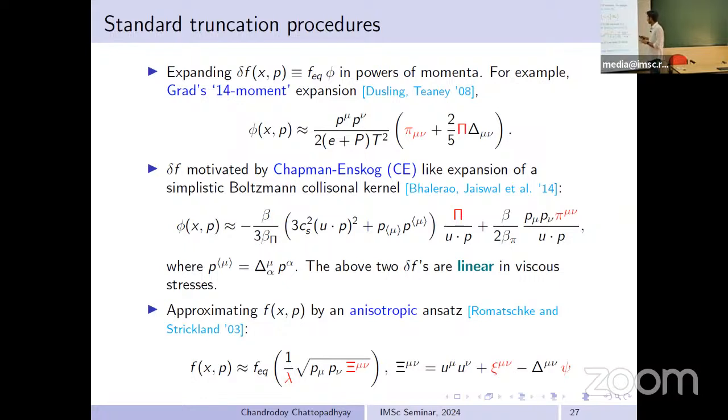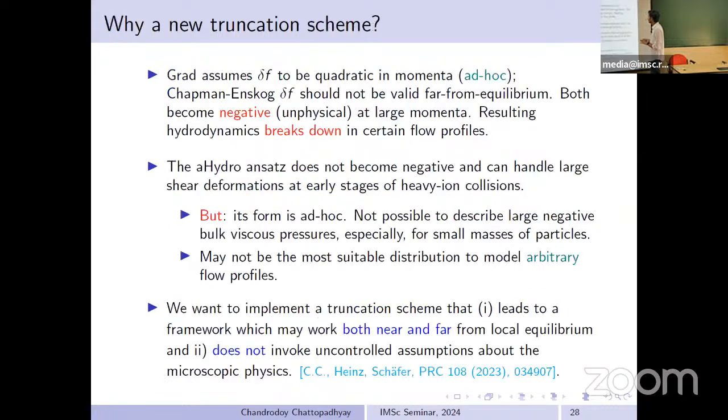So what we have discussed is that we want to implement a truncation scheme that is based on some principle which we hope is better than these, and we do not want to invoke any assumptions about the nature of the flow profile that is there.